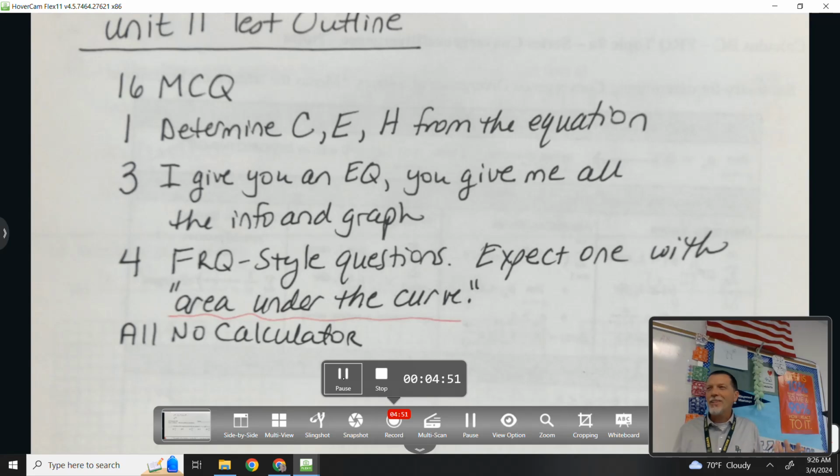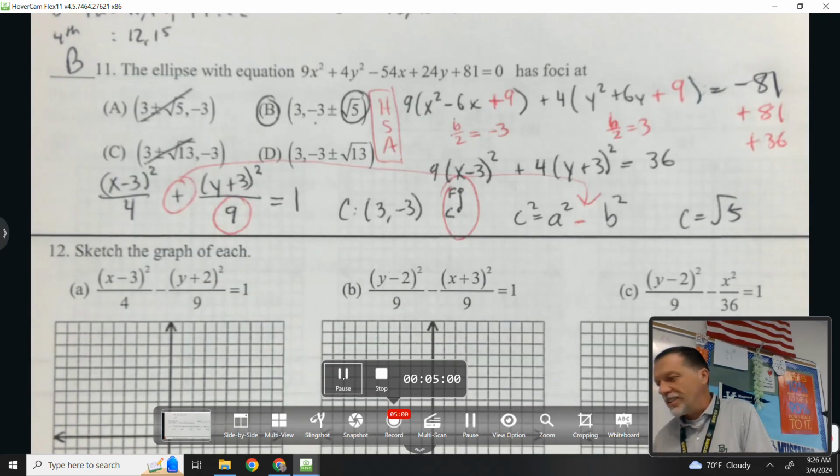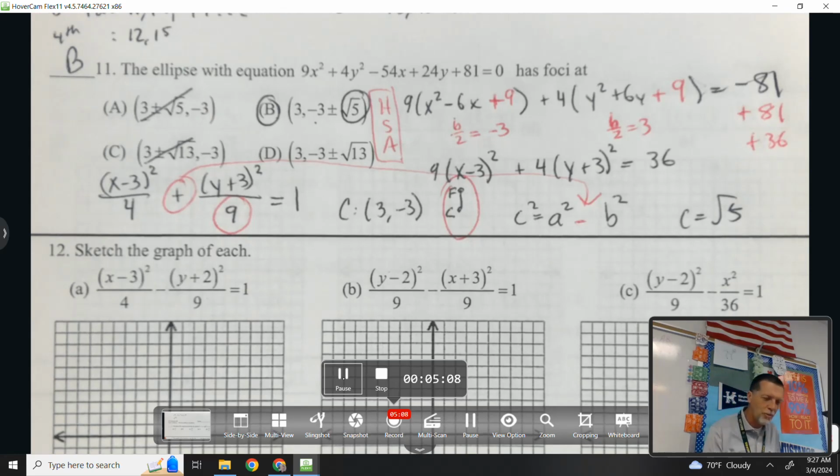We could find the area under an ellipse because we do know that equation, but that's not it. In calculus, you'll be able to find the area under any equation, but we'll worry about that later. So yes, no skips on this one. You should be fine.